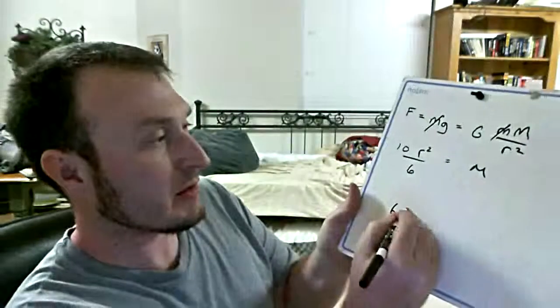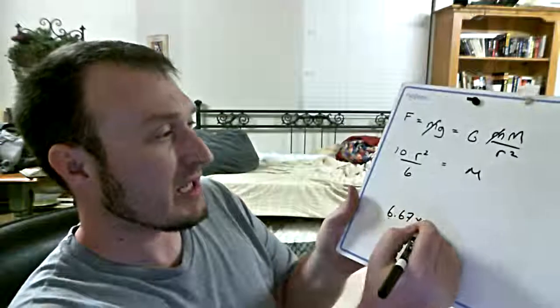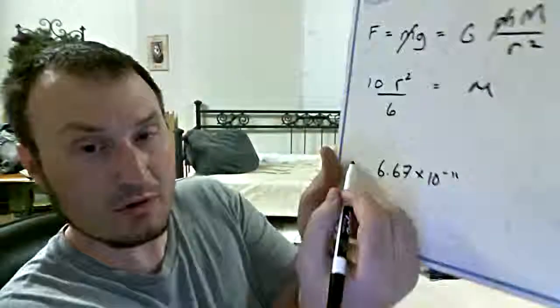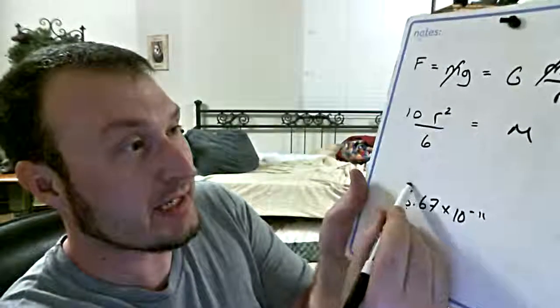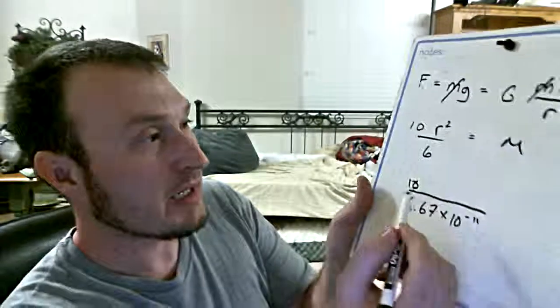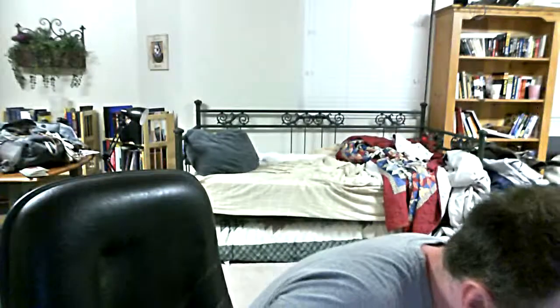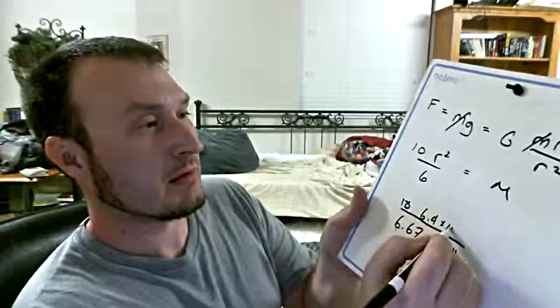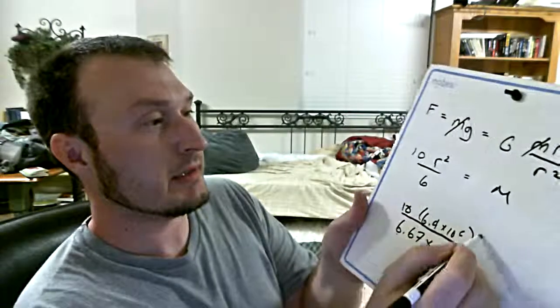So it's 6.67 times 10 to the negative 11th. I'm going to leave horrible technique there, leave my units naked because I'm trying to save some time. And then R, they give us in the problem as 6.4 times 10 to the 6th, and that is squared.